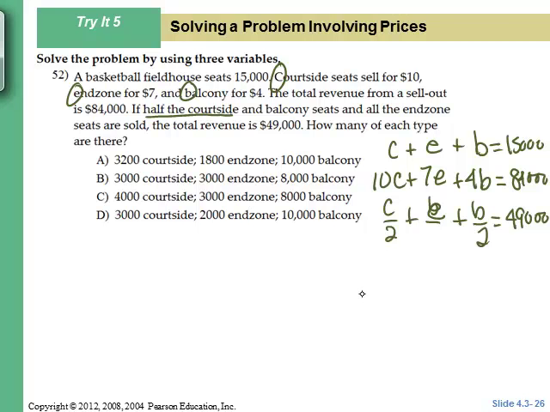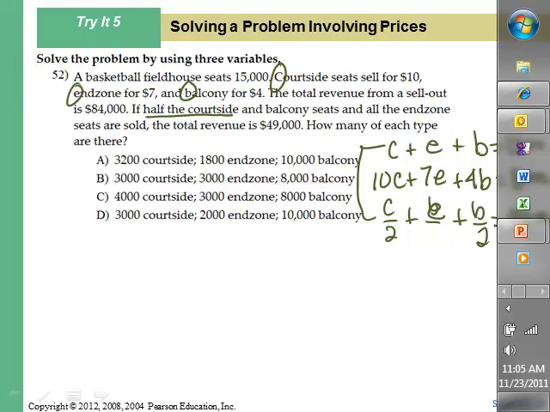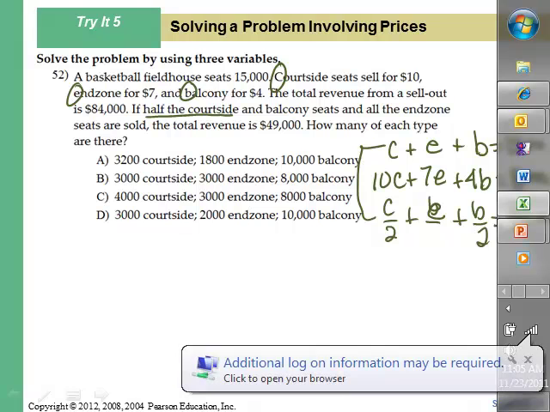Let's see, what can we do? We can eliminate the E by combining these two. Otherwise, let's just solve it using Excel, okay? So in Excel we would have 1, 1, 1 is 15,000.